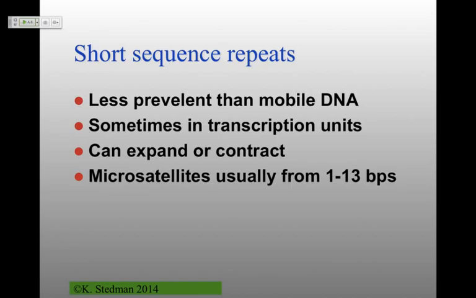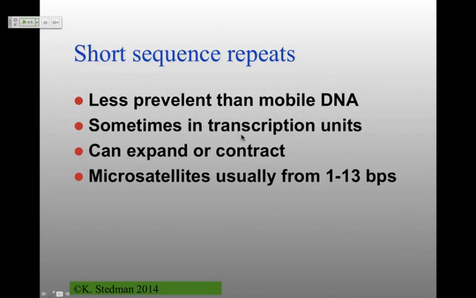So let's look at some DNA repeats. Again, transposons we'll talk about next time. Short sequence repeats: you have a lot of these in the genome. Turns out that they're extremely useful for genetic mapping studies, and particularly these so-called microsatellite sequences. They're usually from about 1 to 13 bases in length, and you have multiple, but most importantly, variable numbers of these sequences here.